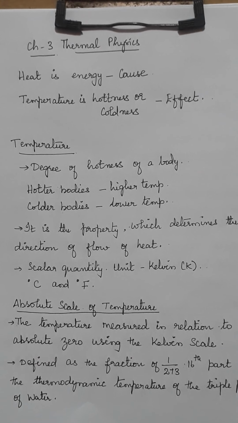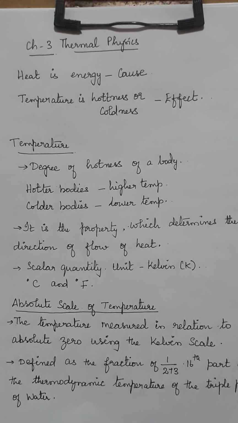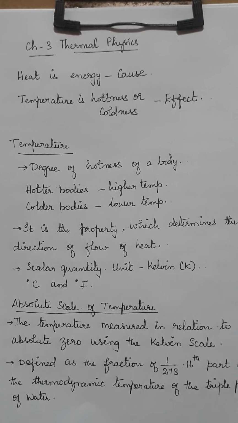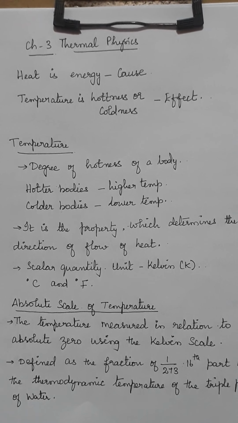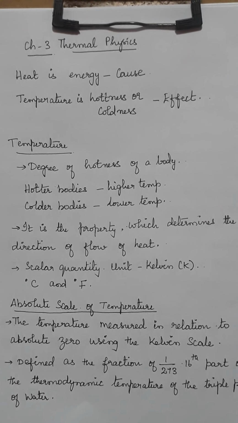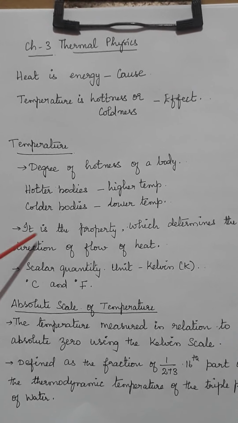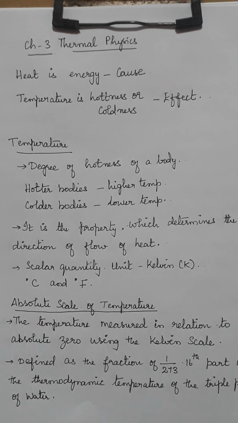Here you see that the ice is melting, because there is a flow of heat from the normal water to the ice, from higher temperature to lower temperature. So this determines the direction of flow of heat.